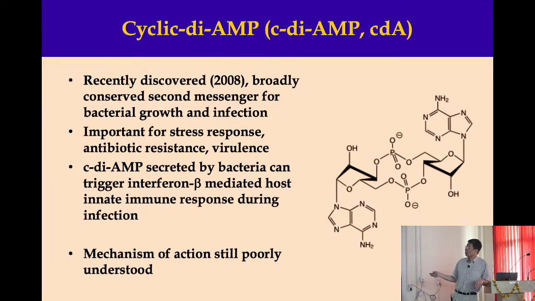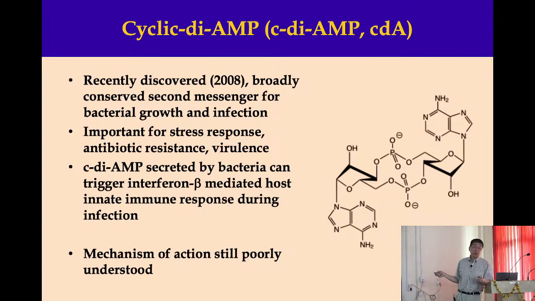So it has important cellular functions, and cyclic di-AMP secreted by bacteria can also cause host immune response. At that time, when we started working on this, a lot was known for RNA molecules, aptamers and riboswitches binding cyclic di-AMP, but how it regulates proteins was not known.